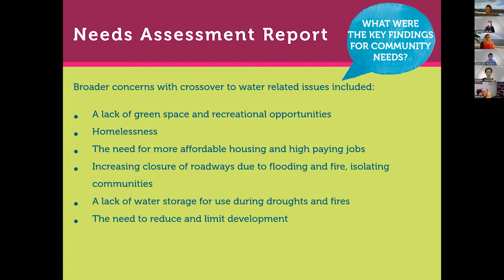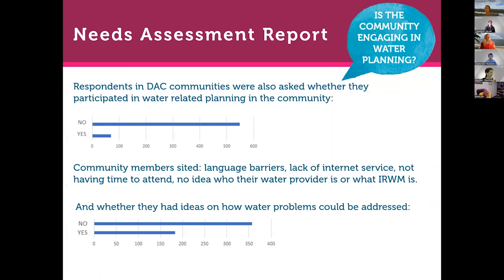The idea of not overbuilding. And so all of those have some relationship to water, but again, it gives us an opportunity when we're looking at potential projects to look at multiple benefits and what kind of non-water specific opportunities and concerns do we have in the county. So Spence, we can go on to the next one.